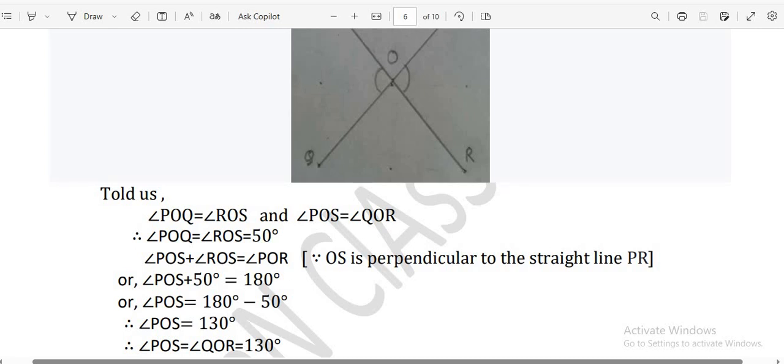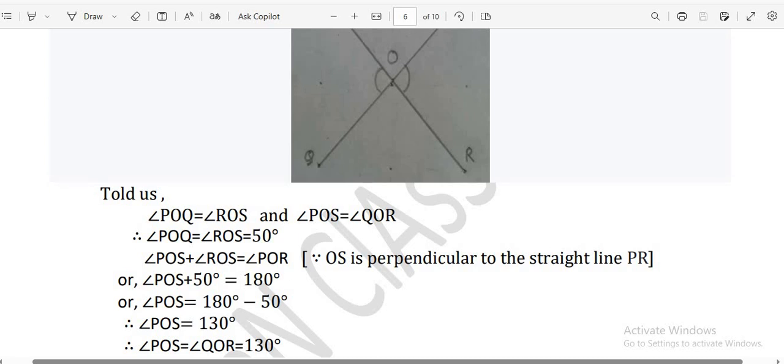We know angle POS plus angle ROS is equal to angle POR, and OS is perpendicular to the straight line PR. So angle POS plus 50 degrees is equal to 180 degrees, or angle POS is equal to 180 degrees minus 50 degrees. Subtracting, we get 130 degrees.